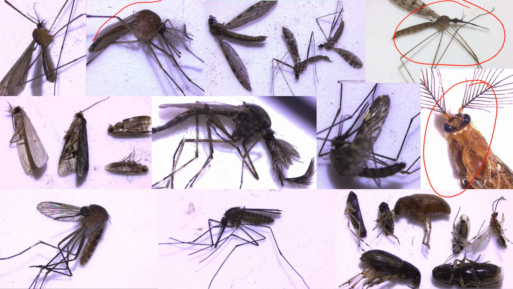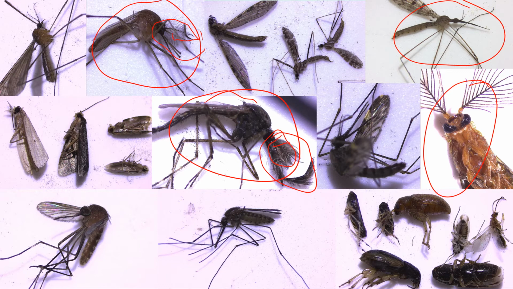This guy over here and this one in the middle are male mosquitoes. You can tell the male versus the female because the male actually have these fuzzier antennae and fuzzier, they're called palps right here.